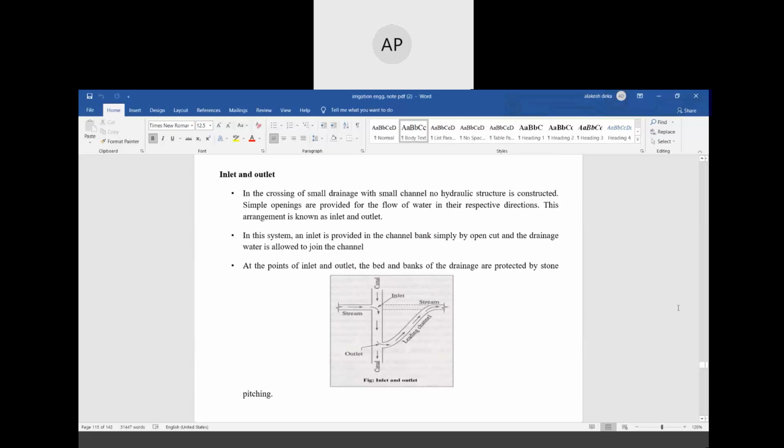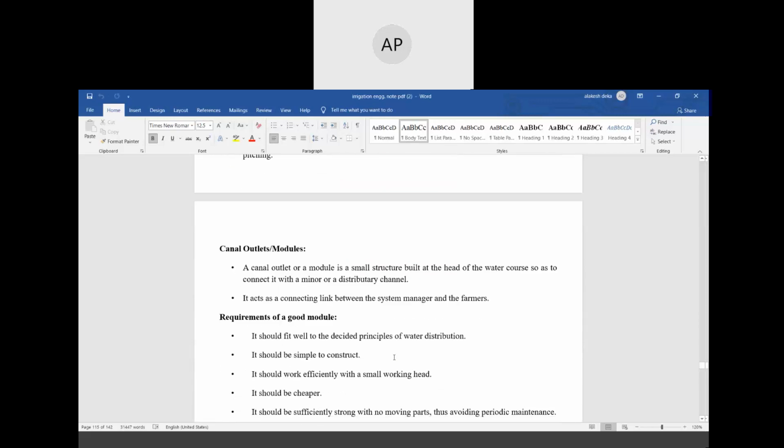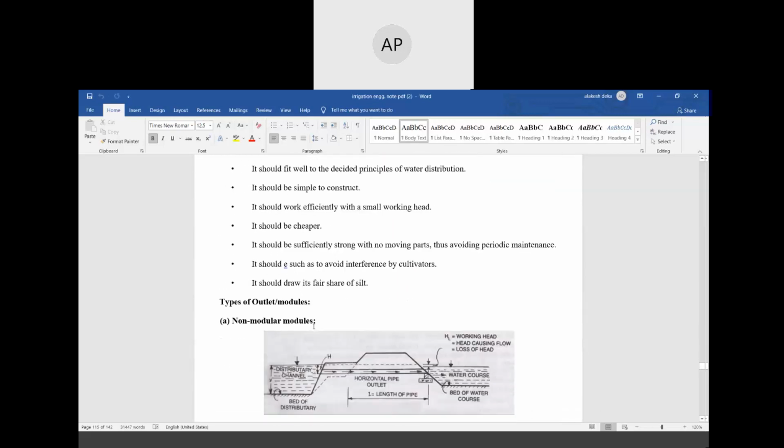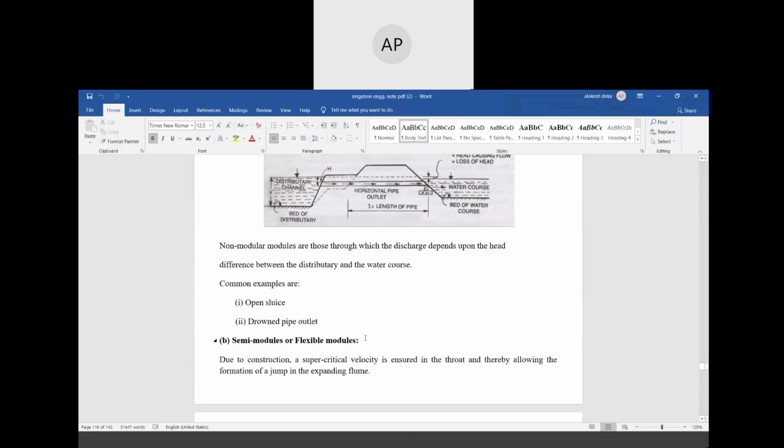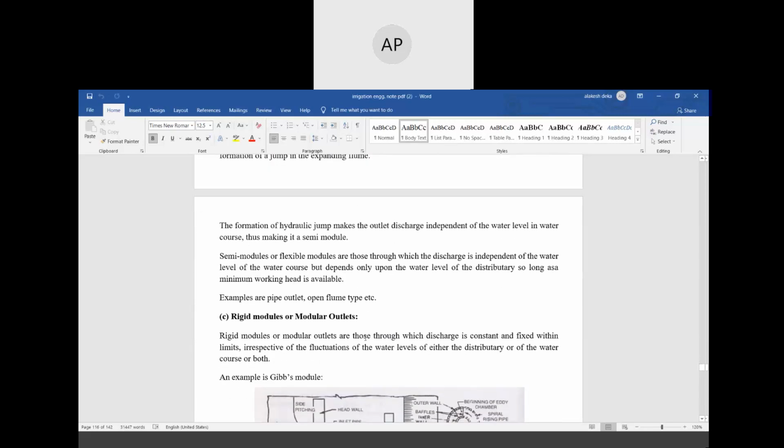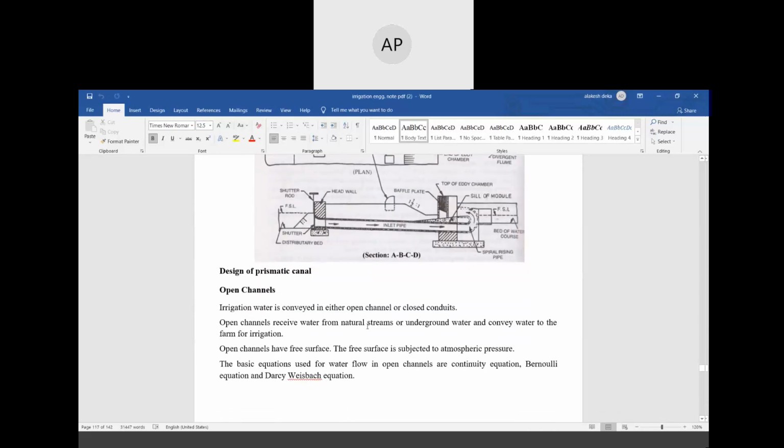So I think we have discussed these things, inlet and outlet. What is inlet and what is outlet? And then we have canal channels.